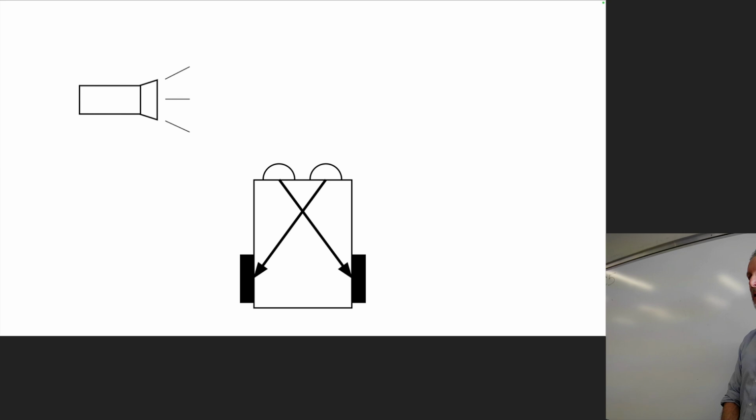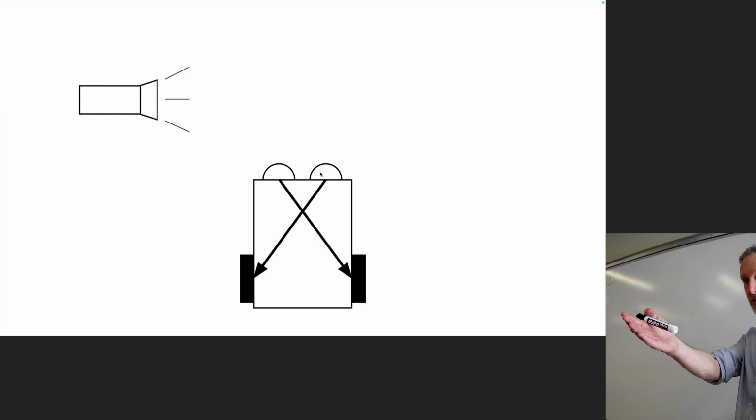They're getting different values of intensity. They're getting different light intensity values. What's the difference? Well, the left sensor is closer to the light, so the calculated value after the synaptic weight is going to be higher.